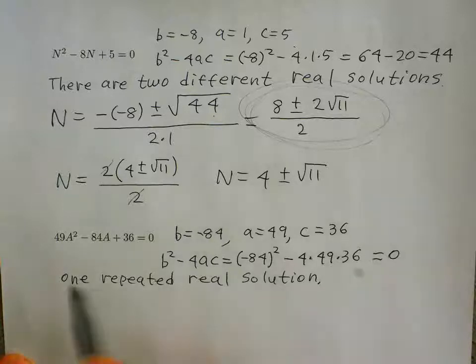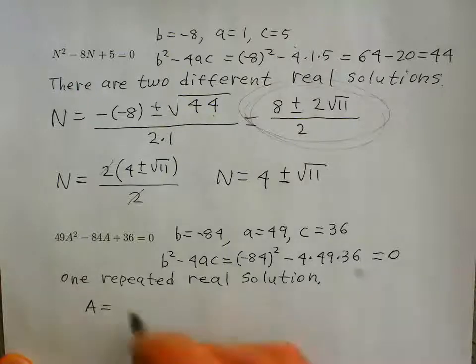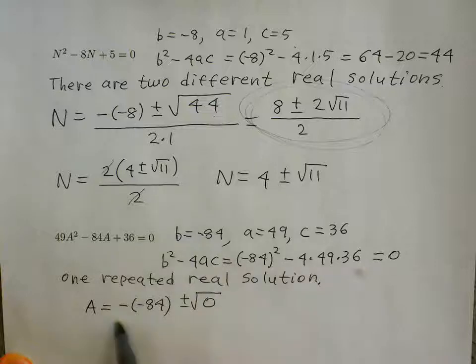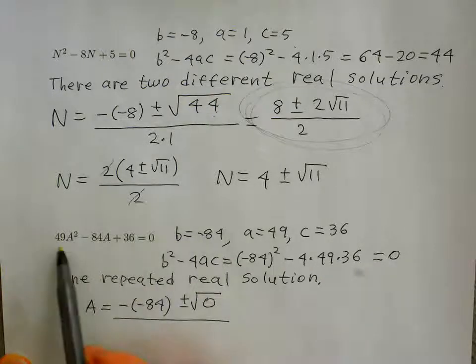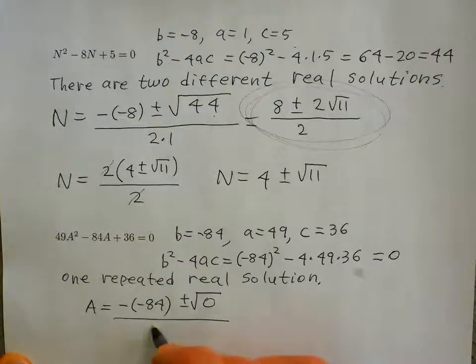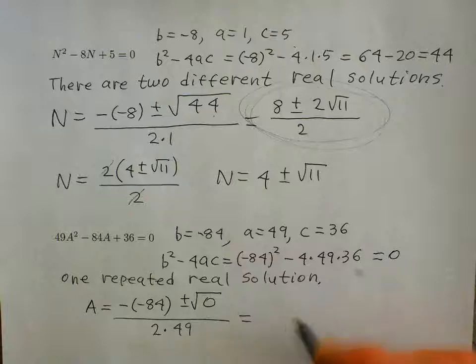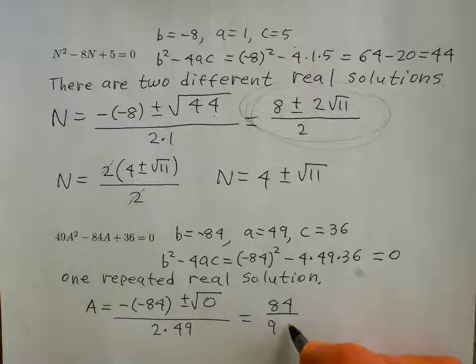Okay, so to find the solutions, a equals the negative of negative 84 plus and minus the square root of 0 divided by 2 times a, or 2 times 49. So we get the negative of negative 84 is 84 divided by 2 times 49 is 98.